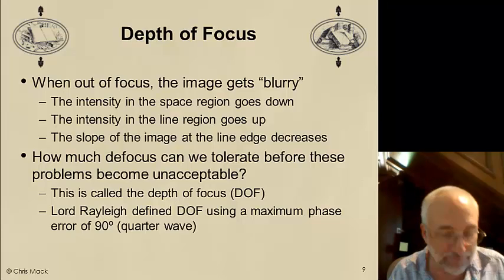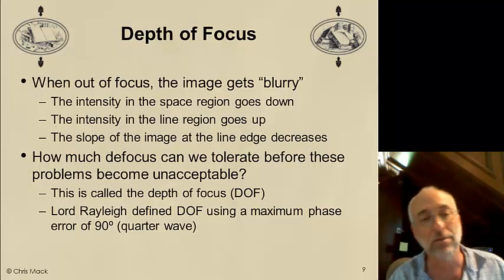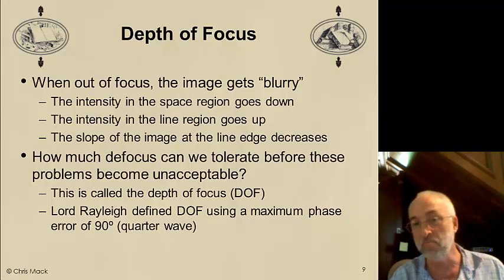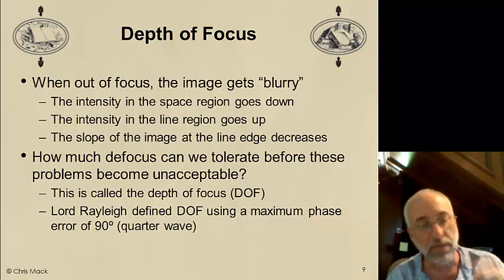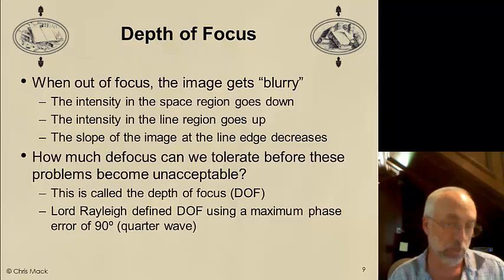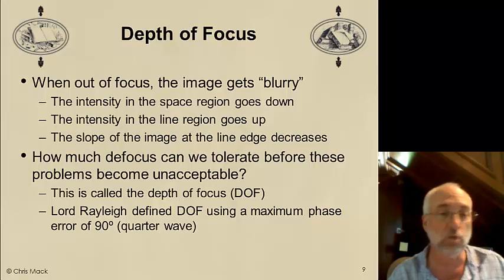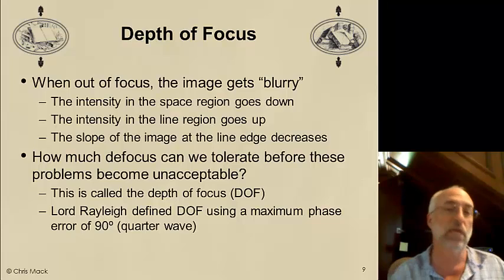Lord Rayleigh, that was his official title, John William Strutt was his name, defined depth of focus using a maximum phase error of 90 degrees. As we saw, when the phase error reached 90 degrees, or a quarter of one wavelength in terms of optical path difference, then the first order would not interfere with the 0 order, and we'd get no modulation, and the image would disappear.